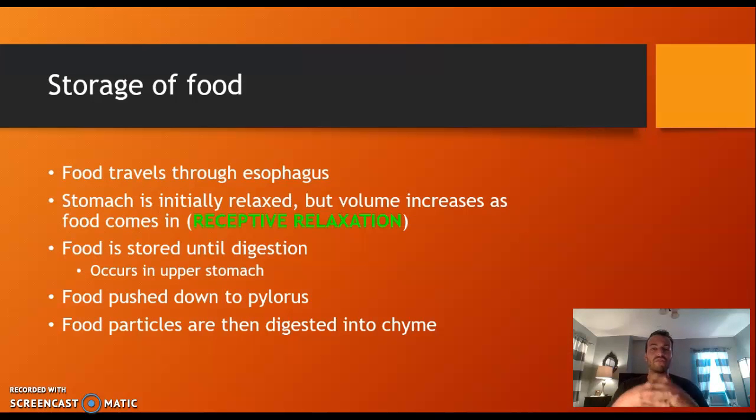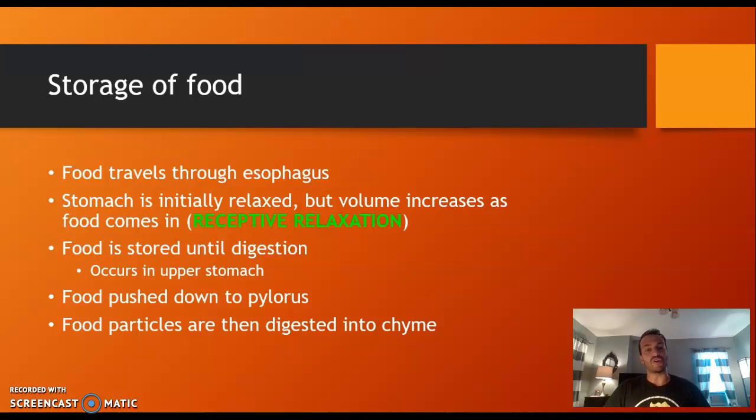As food travels through the esophagus, the stomach is initially relaxed, but as more and more food comes in, the volume is increased to accommodate all the food that is in there. This is known as receptive relaxation. It's important to note that as more and more food comes in, the absorption of the nutrients may be limited. That's why it's important not to overeat and to make sure that we absorb all the proper nutrients.